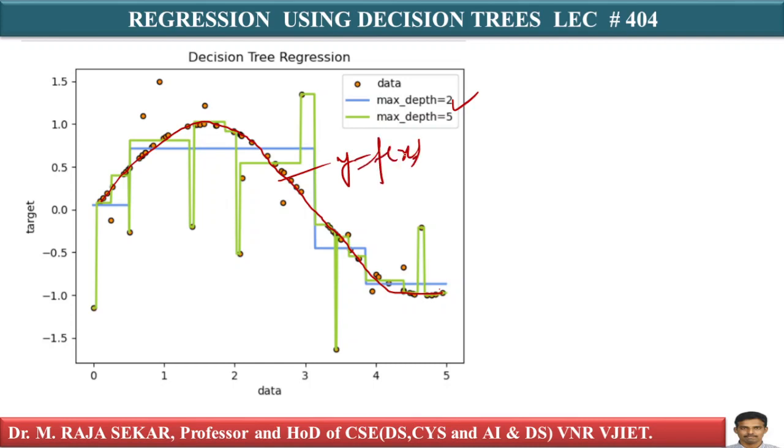So one good thing: when you do regression using decision trees, what you get are lines. Look at these green lines and blue lines. They are axis parallel, isn't it?